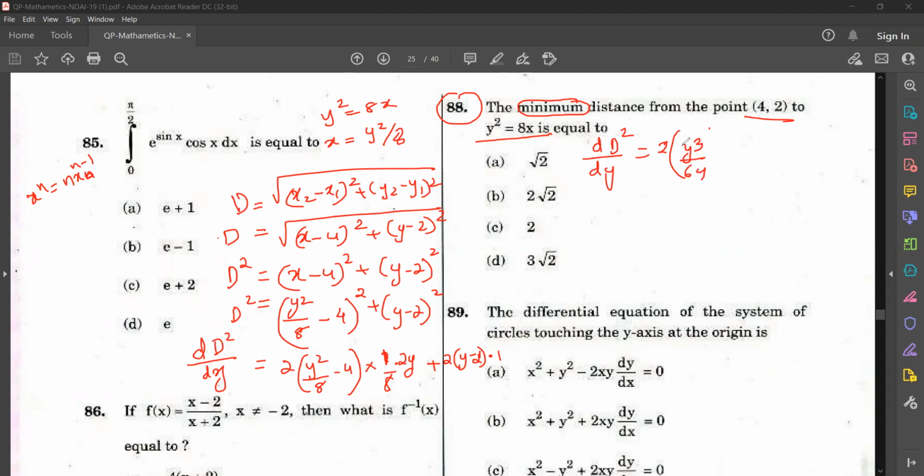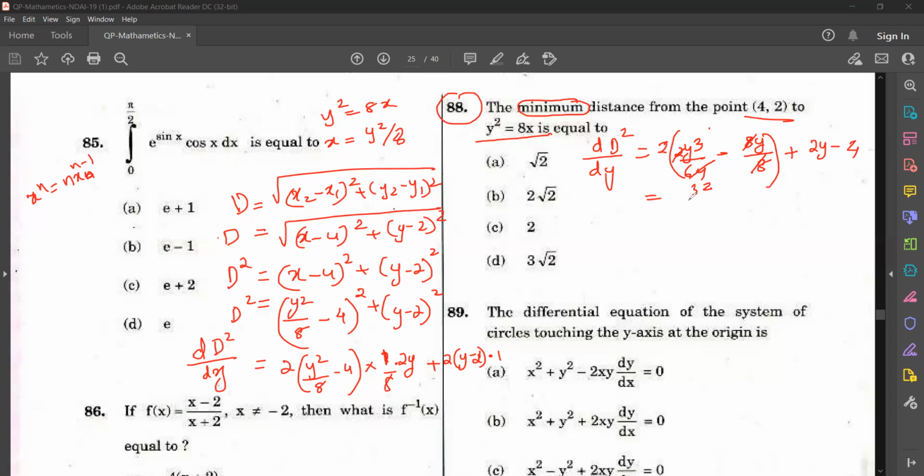If I'm opening this, it will become 2y cube by 64 minus 8y by 8 plus 2y minus 4. I'm just rewriting again. This will become 32, and the 8 will go.